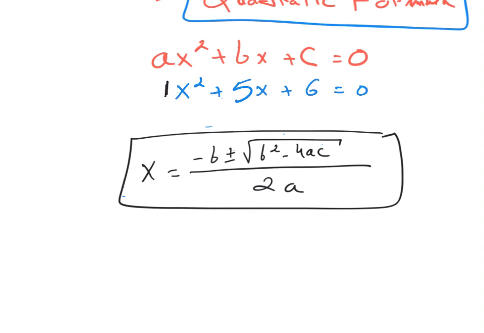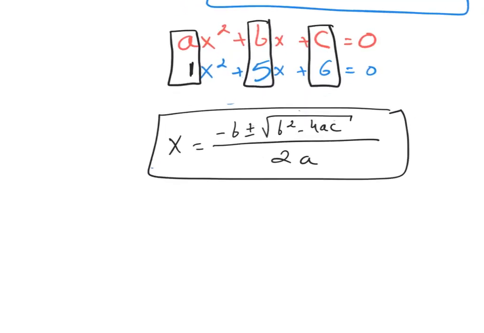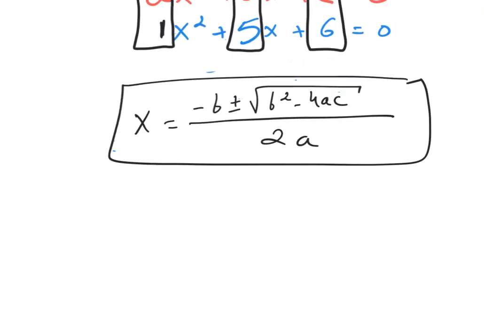As you can see, we have 1, so a is 1, b is 5, and c is 6. To use the quadratic formula, I can substitute a by 1, b by 5, and c by 6.